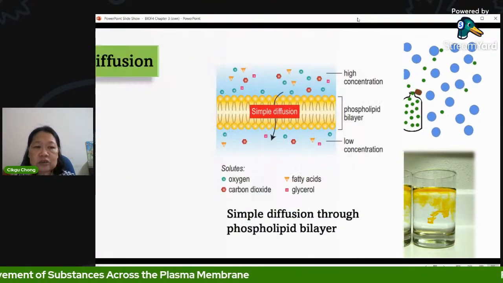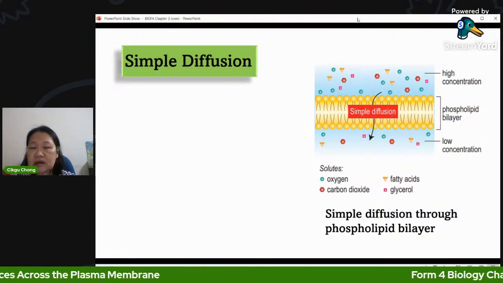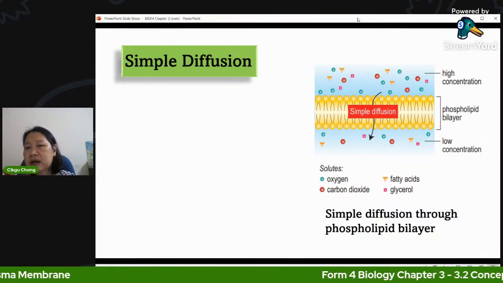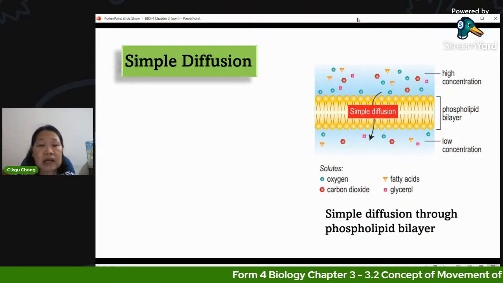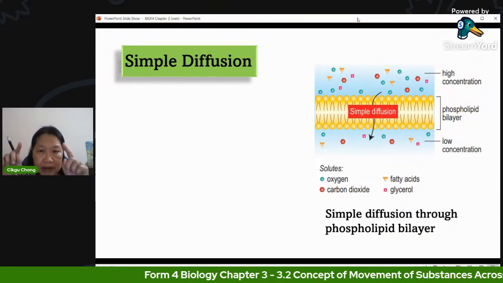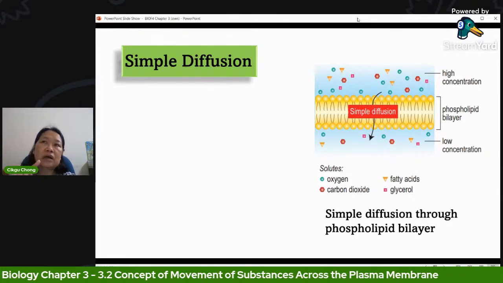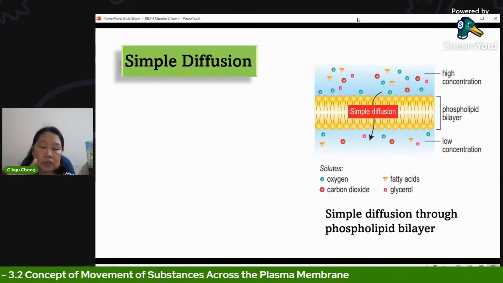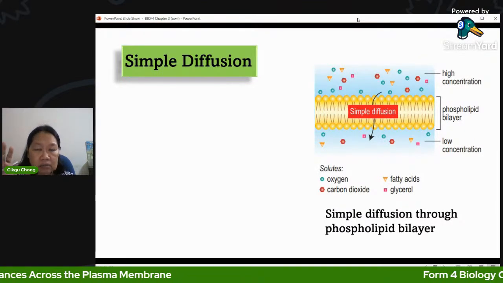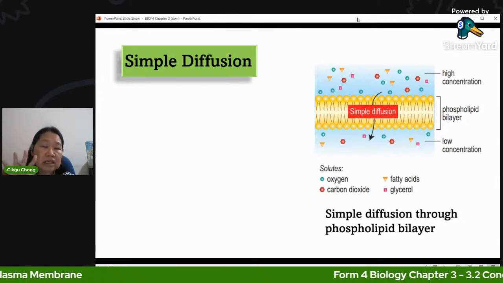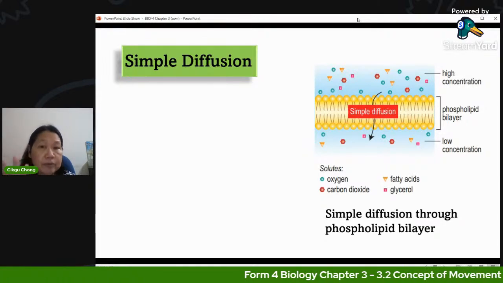Okay, so let's look at simple diffusion again. Simple diffusion is the method by which the substances I mentioned pass through the phospholipid bilayer. Using this method, the carbon dioxide, oxygen, water, remember the COW, diffuses across the plasma membrane, across the phospholipid bilayer.